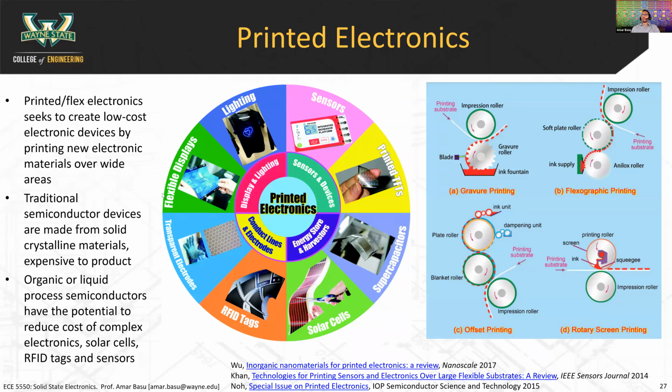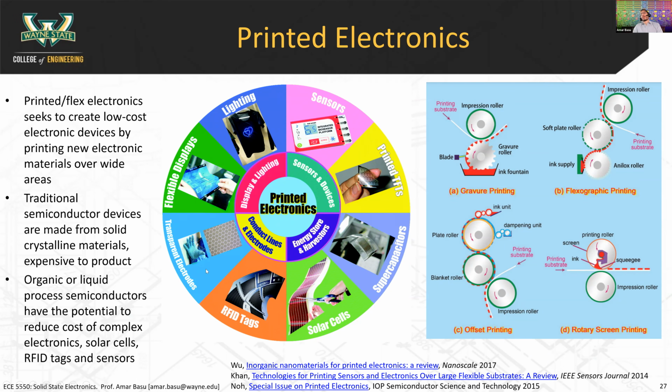Some of the important things are making flexible displays out of printed electronics, and making things like solar cells out of printed electronics, because solar energy is a very cost-sensitive application. Also flexible printed electronics for clothing, for different types of sensors, for energy storage elements, for automotive or other areas of biomedical sensing.